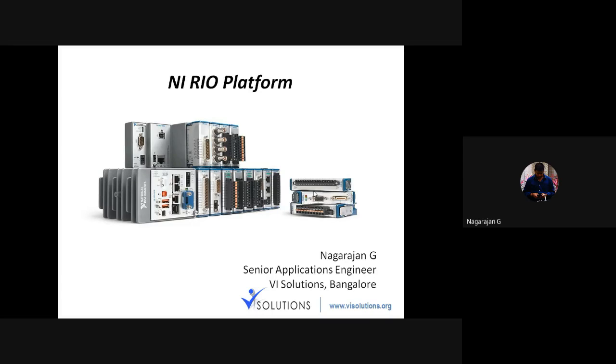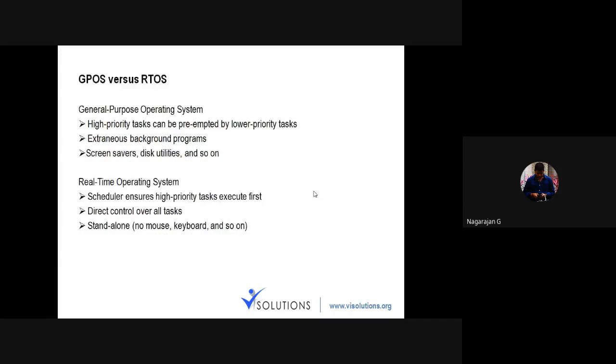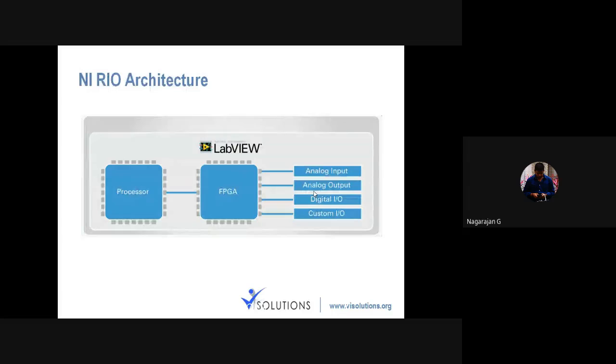As I said, we have different types of hardware and software platforms available. The hardware we use to build a real-time or standalone system comes under a family of hardware called the Rio family.